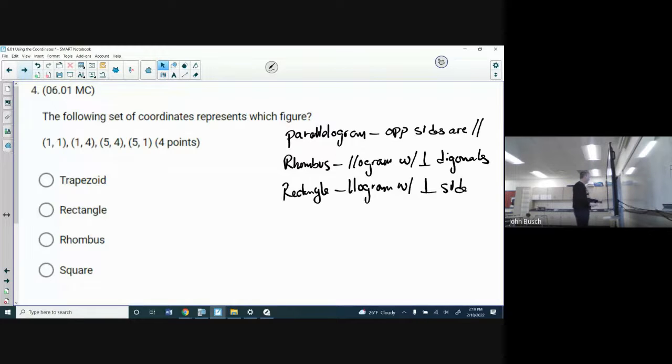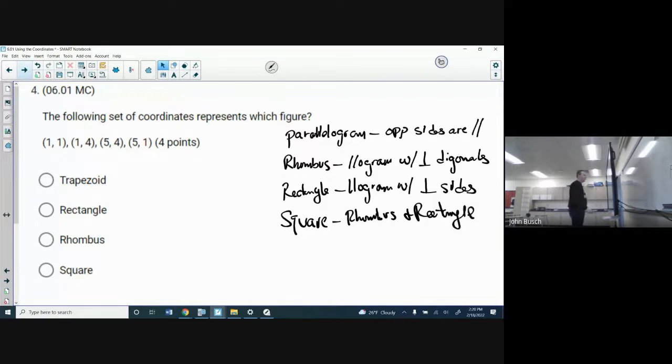And if it's a square, it's a rhombus and a rectangle.